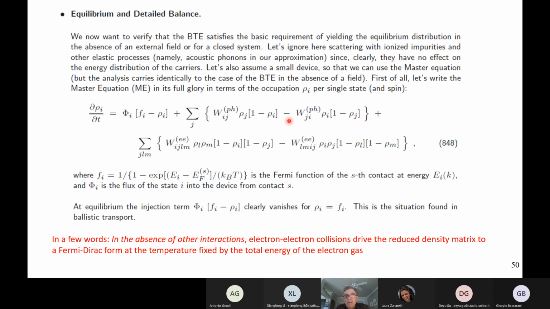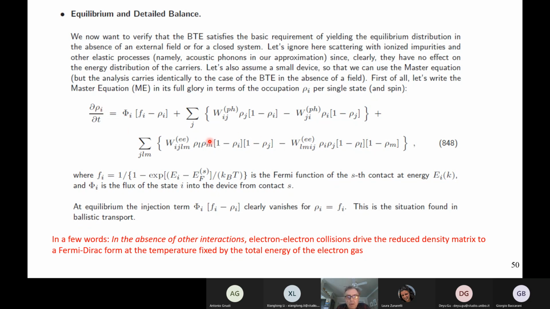The major difference is that if I consider electron-phonon interaction, the Fermi-Dirac distribution will be at a fixed temperature, which is fixed by the temperature of the bath. If I consider only the electron-electron interaction, so ignore interaction with phonons, just academically, just to see what I get, we will find that the solution of this problem is a Fermi-Dirac distribution function.